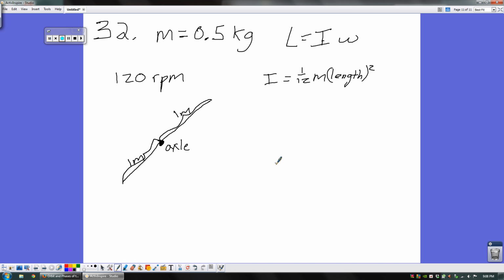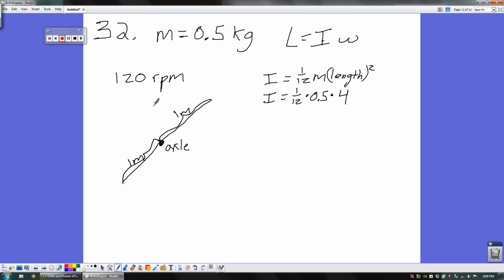We happen to know all of those things. Notice I put 4 because 2 squared is 4, and 1 and 1 is 2. I just need omega again, my angular velocity. I know that it makes 120 revolutions per minute.